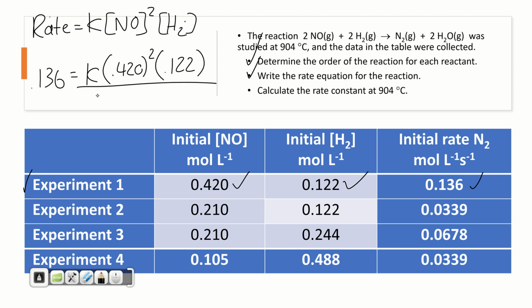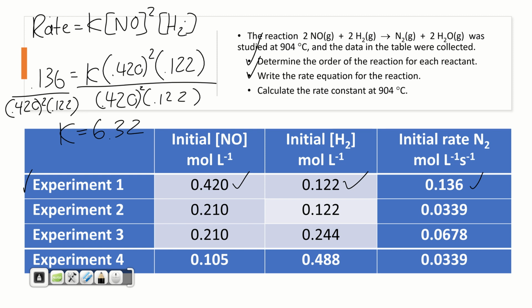Basically, I'm dividing all of that to the other side, 0.420 squared and 0.122. If I plug all this in, 0.136 divided by 0.42 squared times 0.122, I get a rate constant of 6.32. Again, that's rounded to 3 sig figs.